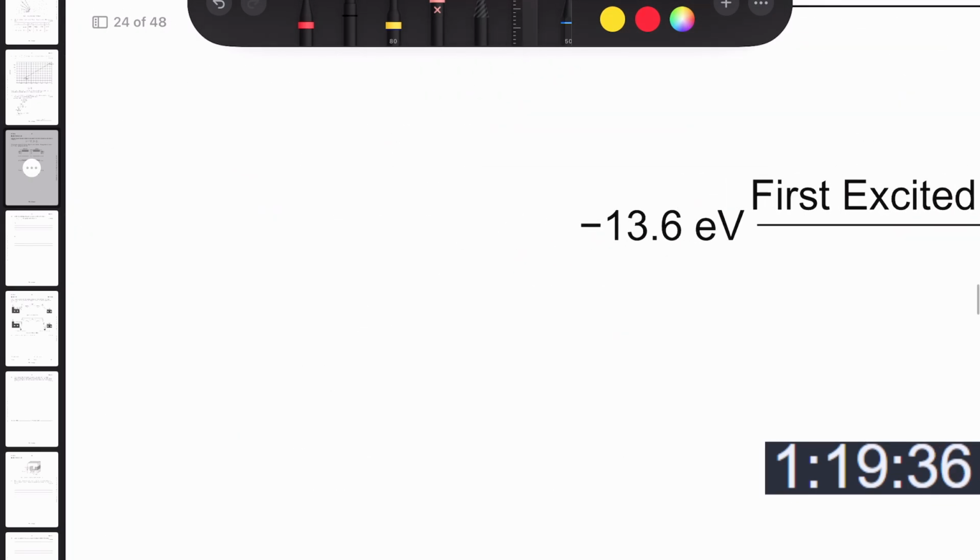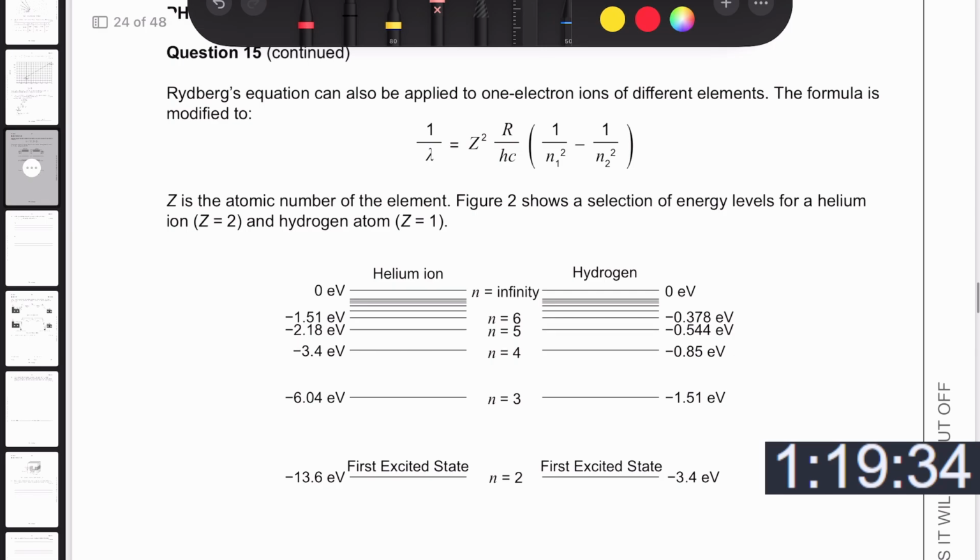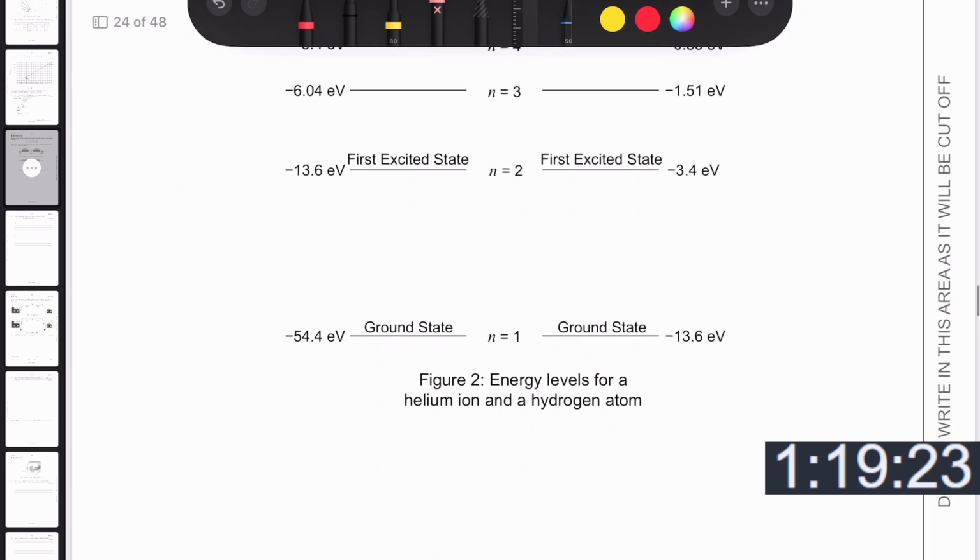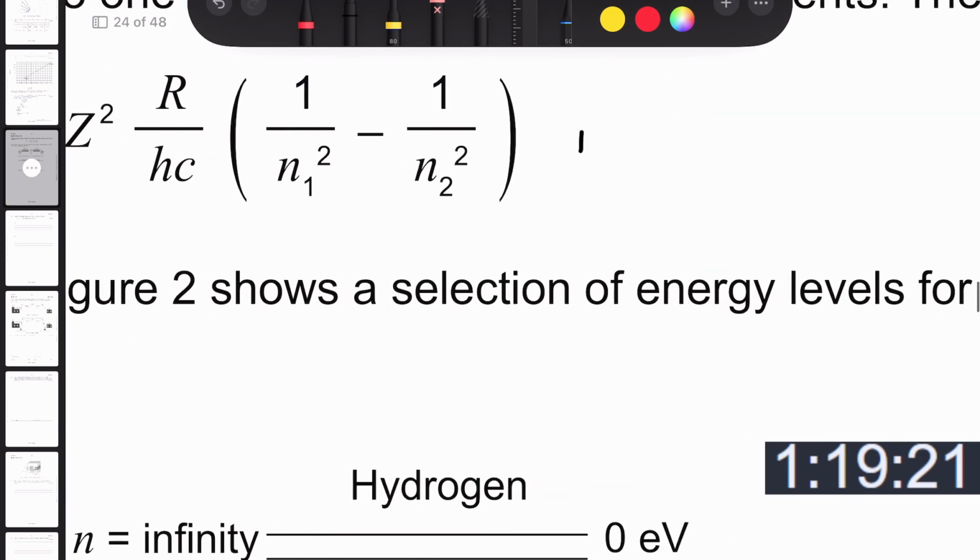So if I rearrange this, I'm going to get M equals Z squared R on hc.